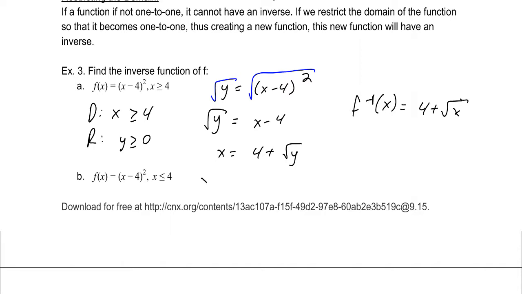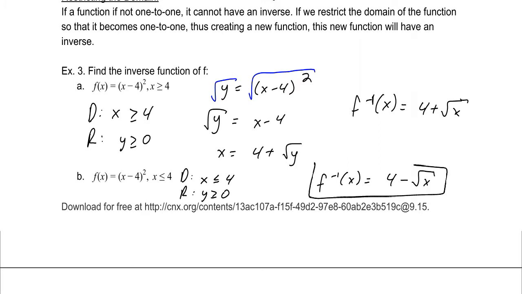If x is less than or equal to 4, then my range is also y greater than or equal to 0, which is where the problem lies. So switching these two, we need to have something slightly different. So for this function, it's going to be f inverse of x equals 4 minus root x, because of the way our domain is restricted. We have a plus or minus square root, remember that.